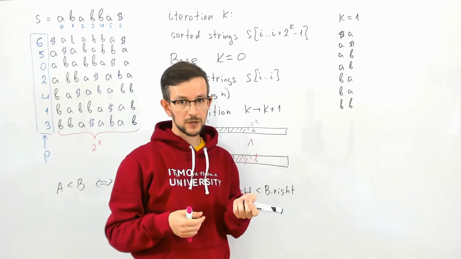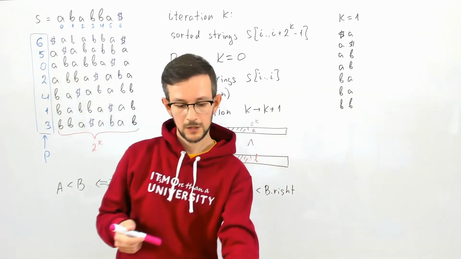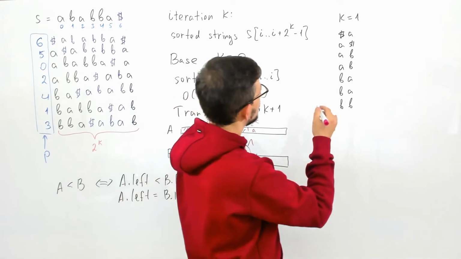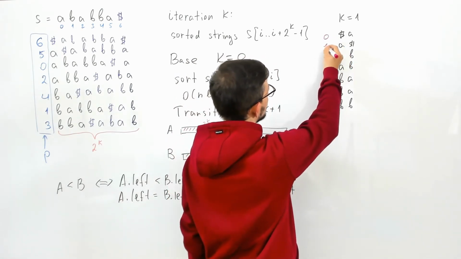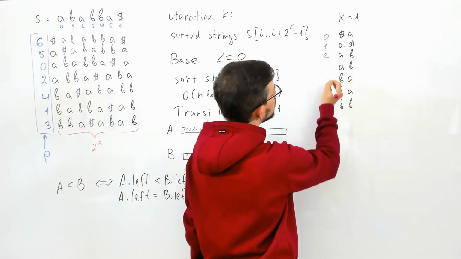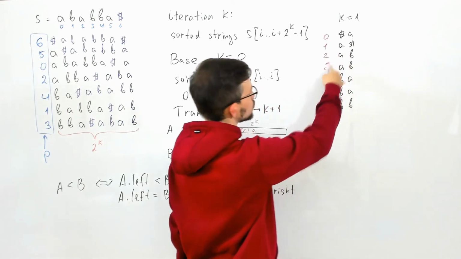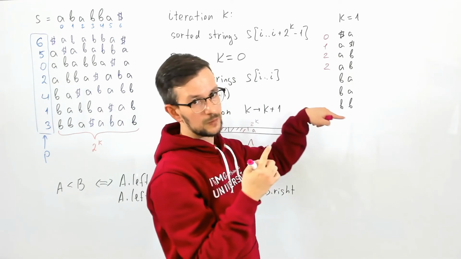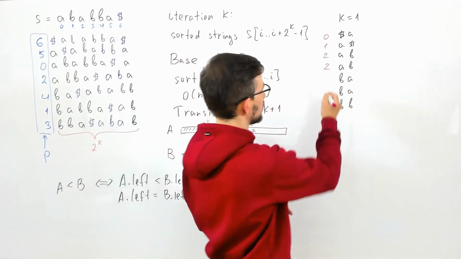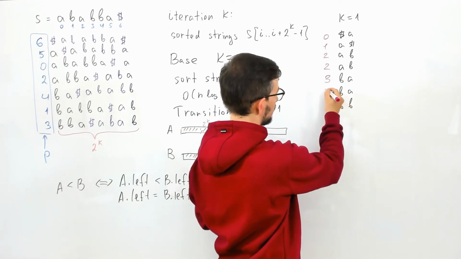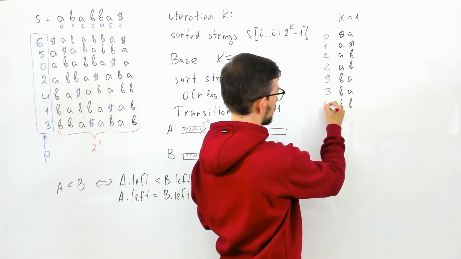If it is greater, we assign the next integer. So we go from top to bottom and build something like so. This will be class 0, this will be 1, this will be 2. These two strings are equal, so they have the same integer. These two strings are different, so we get the next integer. So it will be 3, and this one will be 4.